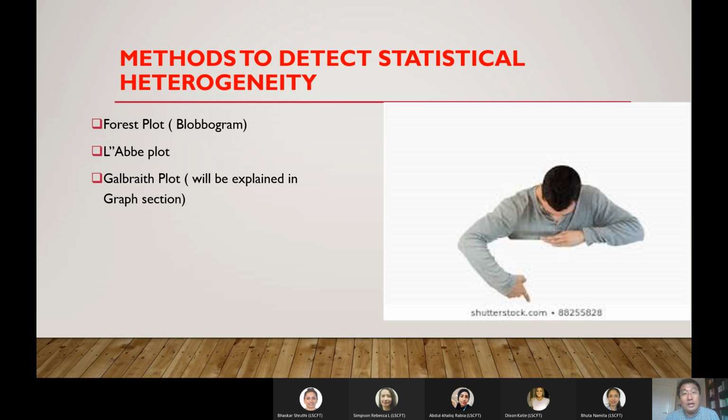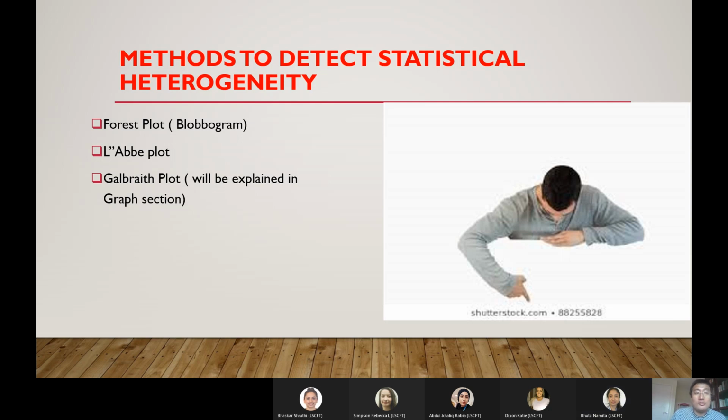Okay, so there are 3 types of heterogeneity: clinical, methodological, and statistical. Statistical heterogeneity can be detected by 3 graphs: forest plot, L'Abbé plot, and Galbraith plot.